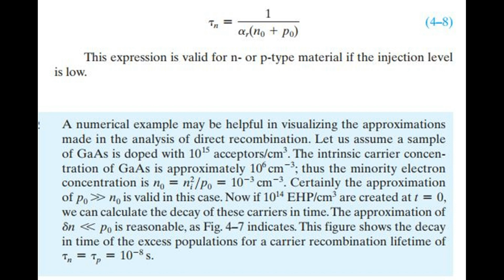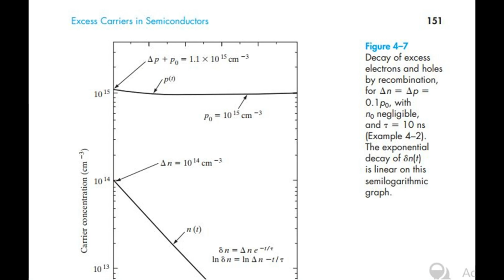Figure 4-7. Decay of excess electrons and holes by recombination, for ΔN equal ΔP equal 0.1 p0, with n0 negligible, and τ equal 10 nanoseconds, Example 4.2. The exponential decay of Δn(t) is linear on this semi-logarithmic graph.